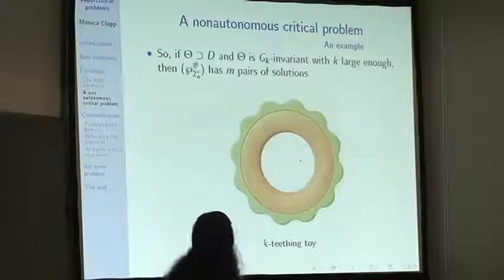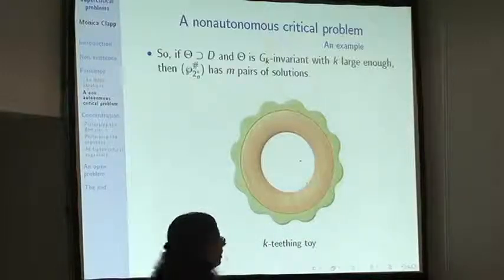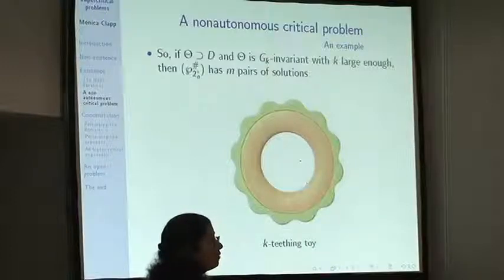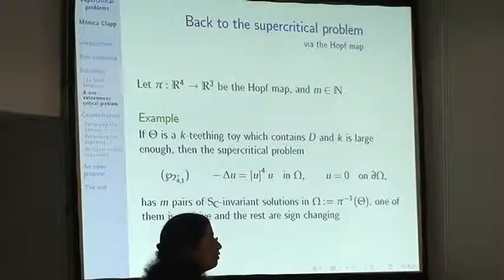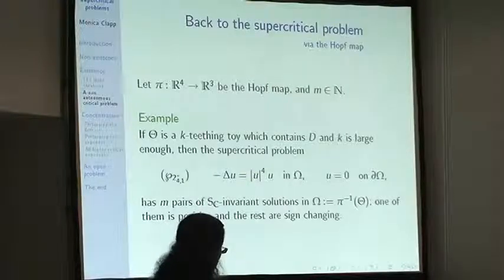And now we can go back to the supercritical case applying the Hopf fibration. So instead of giving you the general theorem, let us continue with the example. The example says, if you take the Hopf map, which goes from R4 to R3, and we have a teething toy which contains our torus D, and K is large enough, then this problem will have M pairs of solutions, where this omega is the inverse image of the teething toy under the Hopf map.